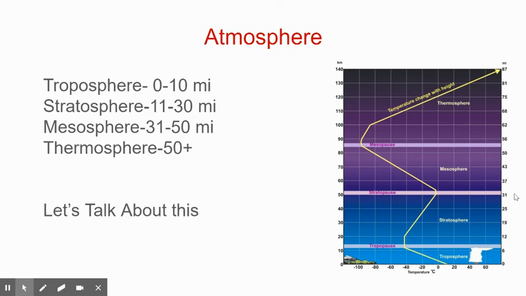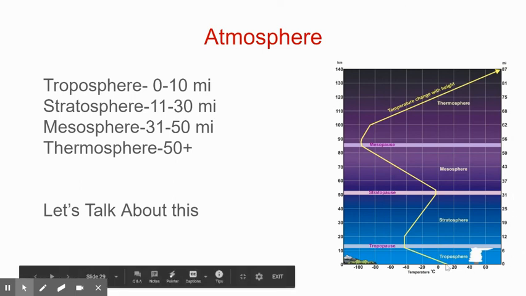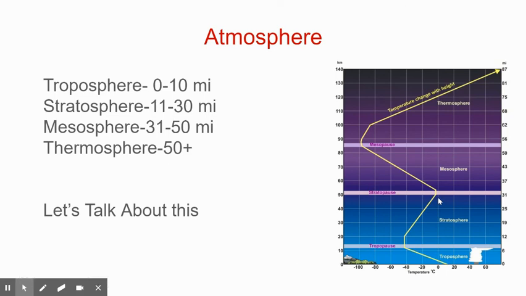Perhaps in the troposphere, the Earth is still warm, so the closer you are to the Earth, the warmer it is. As you go toward outer space, it gets colder and colder. The stratosphere is a different layer of gases that behave differently when solar radiation hits it. The mesosphere is similar, and finally, you're getting closer to the sun, so it starts to get hotter. The thermosphere is also known as the ionosphere.